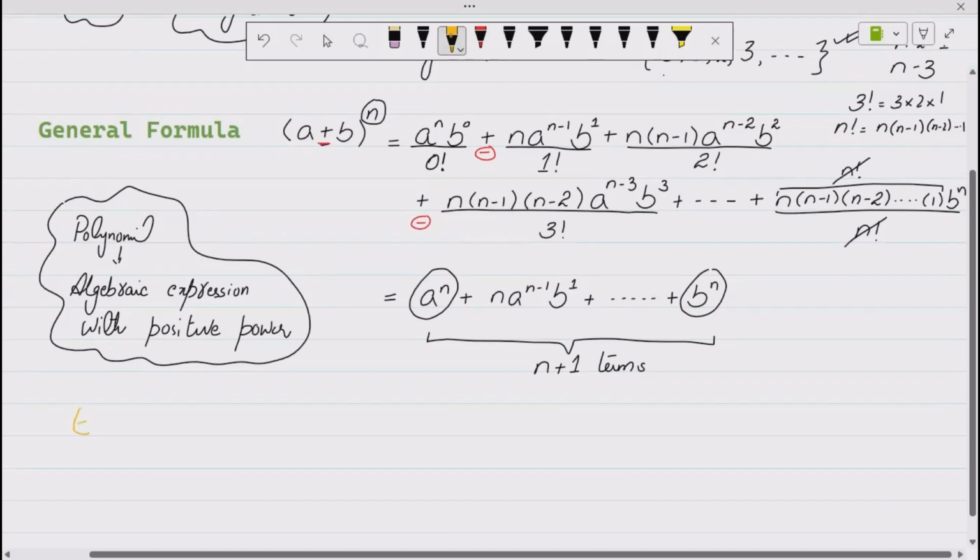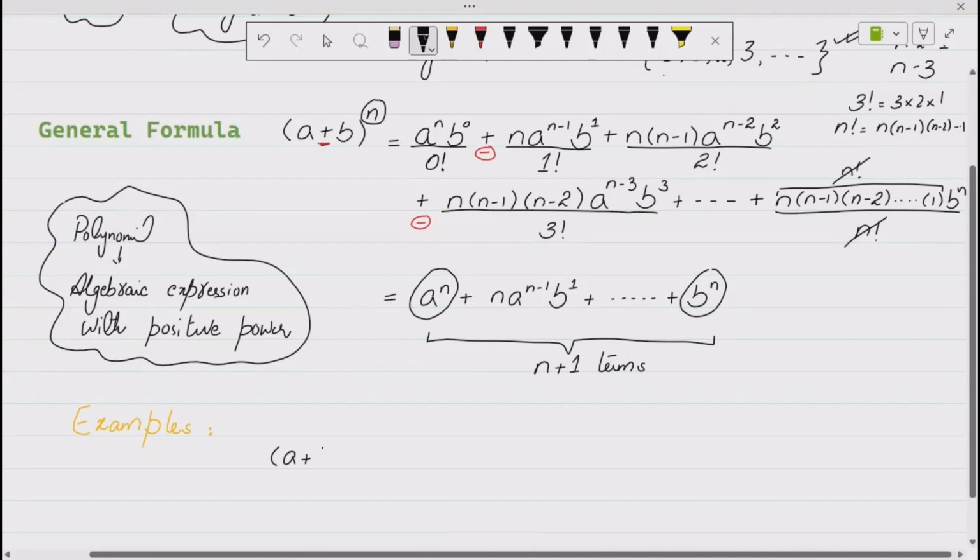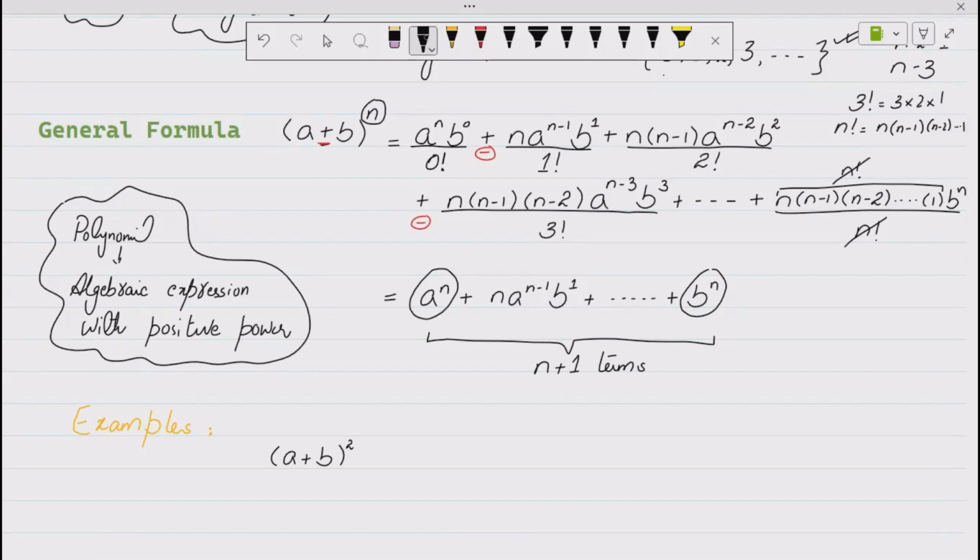Okay, to see this thing and the formula very clearly, let's see some examples. So let's take the binomial of power 2, the formula of a plus b to the square. We already know that for a plus b to the square, the formula is a square plus 2ab plus b square. But where does this formula come from, right?